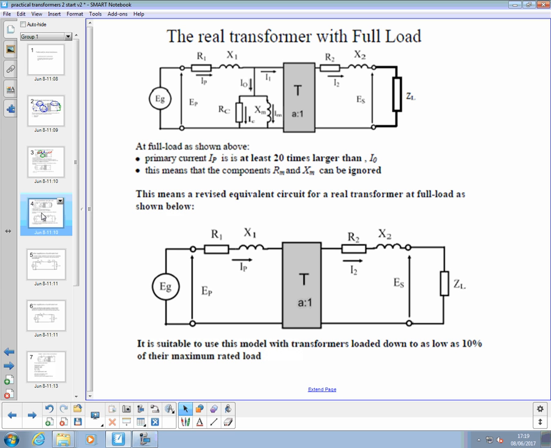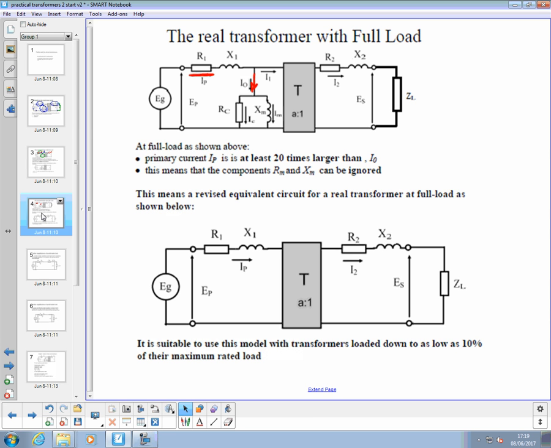Now, if we want to consider the real transformer on full load. On full load, the primary current, IP, this current here, at full load, is at least 20 times larger, on a practical transformer, than this small current that flows in here.